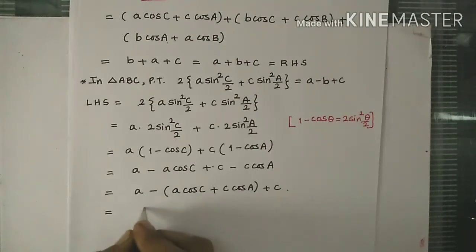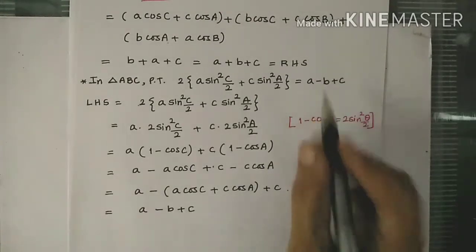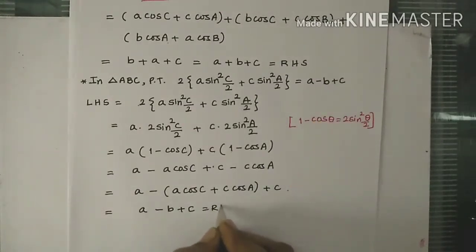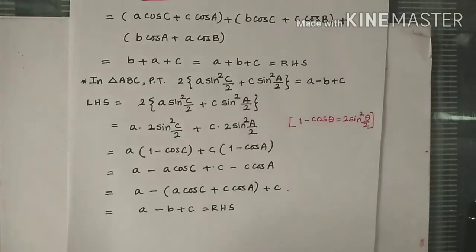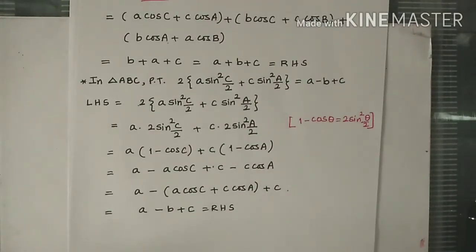But by the projection rule, a cos C + c cos A is small letter b, so that will be a - b + c, which is our right hand side. So we are using the projection rule here, and we are using the formula 2 sin² θ/2 is 1 - cos θ.